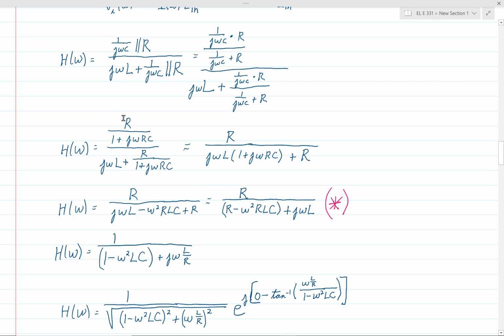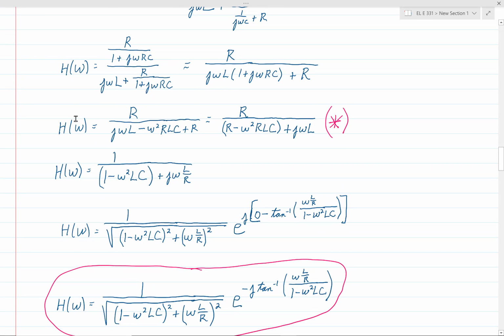And then we multiply this numerator by 1 plus j omega RC and the denominator by 1 plus j omega RC. And so we're just left with R in the top. And in the bottom, we hold j omega L times 1 plus j omega RC plus R. And so in the denominator, we multiply this out and then separate the real part and the imaginary part, and we'll have this.